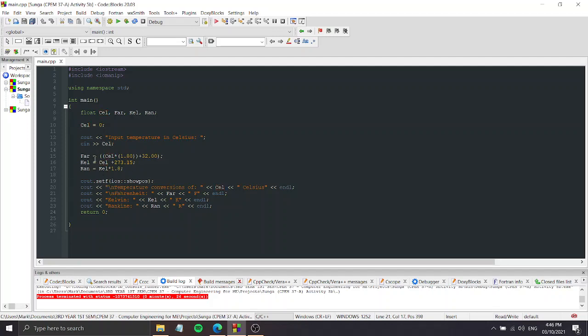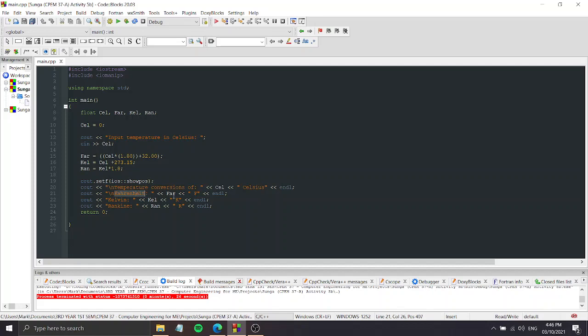Next, after calculating this, it would print out "temperature conversion of the inputted cel value" and then Celsius, just for unit purposes. Speaking of unit purposes, on the next lines I have F, K, R, because after this line there would be a space and then the converted value.